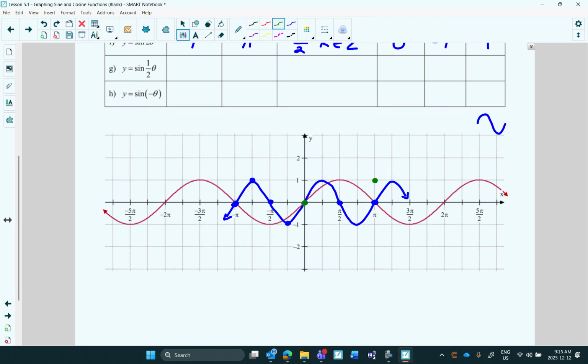This one, twice this goes to here, so it really stretches out. Sorry, this one stretches out to here. This one stretches out to here. So it's going to look like that.